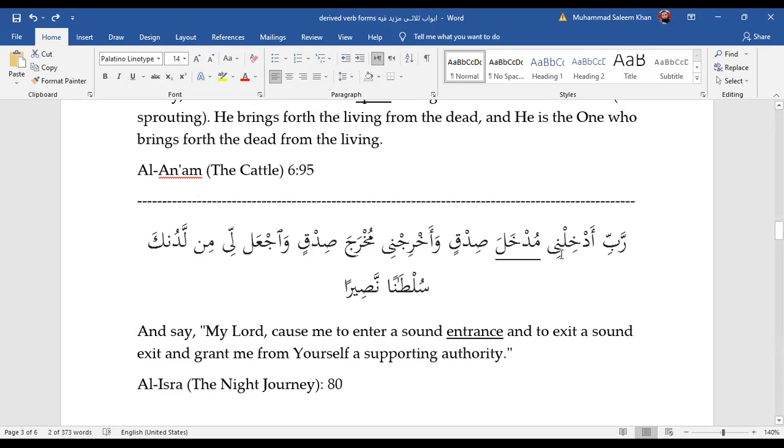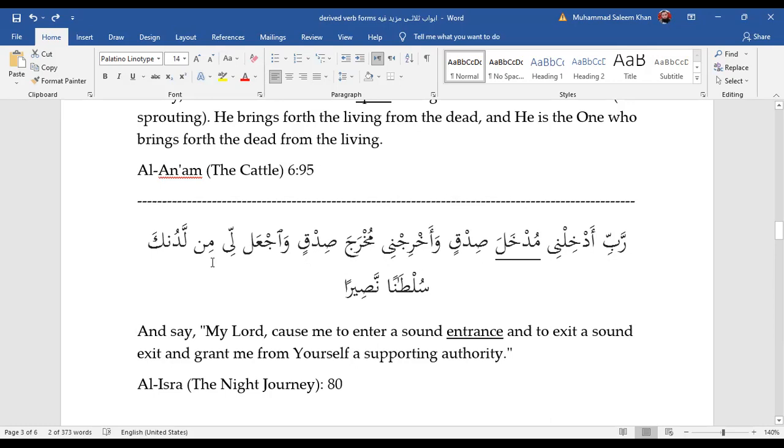So when you look at the word adkhilni, enter me, of course you are expecting to be caused to enter into a place, right? So adkhilni mudkhala sidqin, wa akhrijni mukhraja sidqin. Mukhraja is mudaf, sidqin is mudaf ilayh, and cause me to exit, grant me to exit from a place.